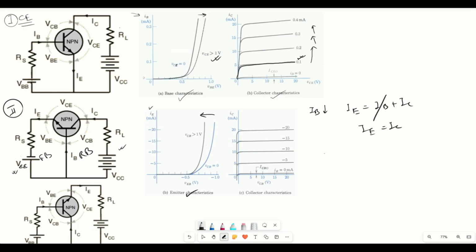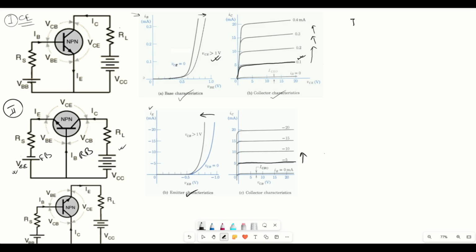That is why whatever input current we are getting, that current will remain constant across the output, and it will increase if we increase the input current. So these are the common emitter and common base configurations.